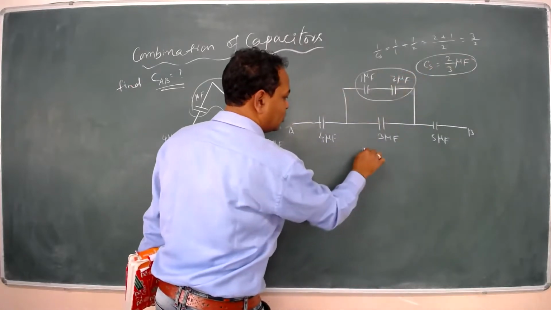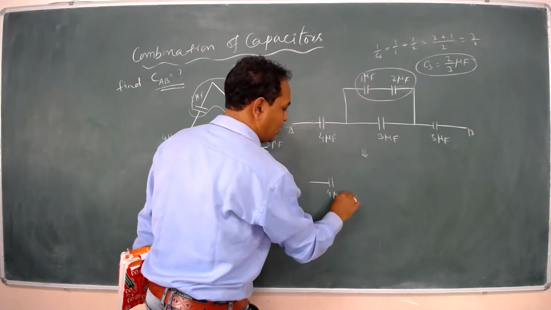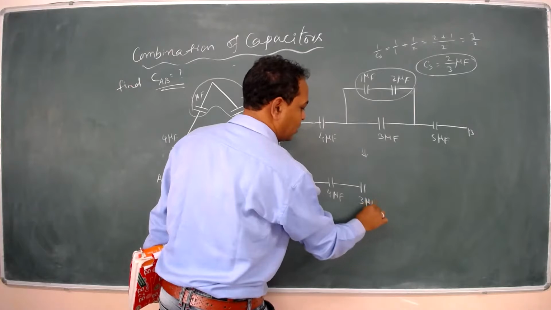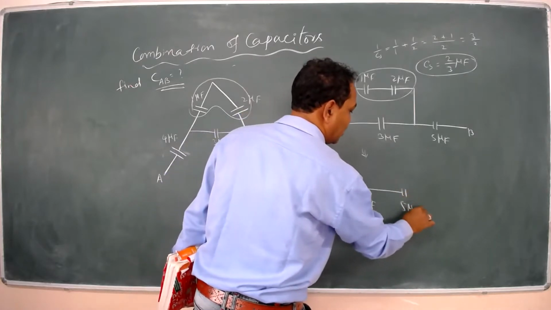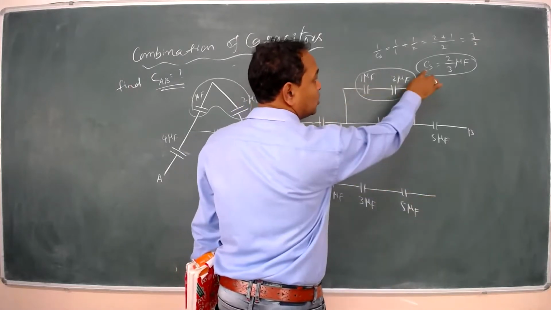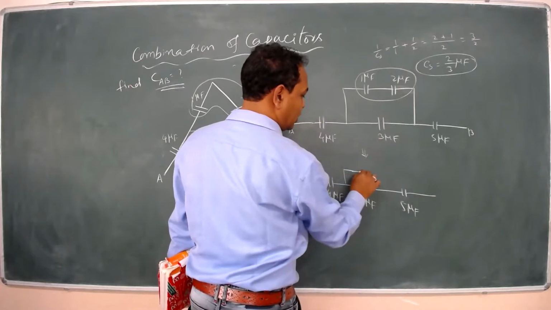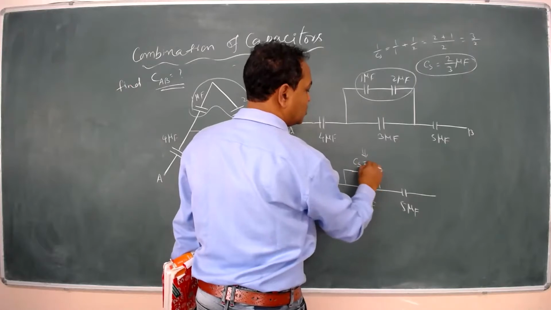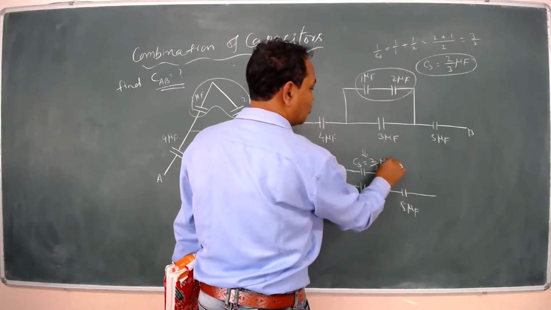Now the next diagram: 4 microfarad, 3 microfarad, 5 microfarad. This entire thing became how much? This much, so this is between 3 only. So I can say this as CS, which equals 2 by 3 microfarad.